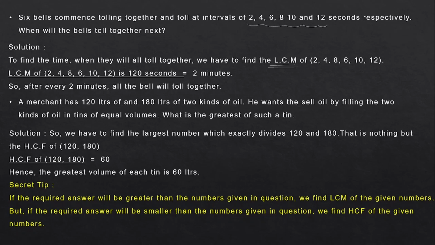All such questions where the required value is smaller than the given numbers, for example to find the size of the tin which can contain both 120 and 180 liters, the size has to be smaller than them both, in such questions we find the HCF of the given numbers. I hope this will help you to solve more such word problems. Now, using this concept and the previously discussed concept, we can solve all questions from exercise 1.